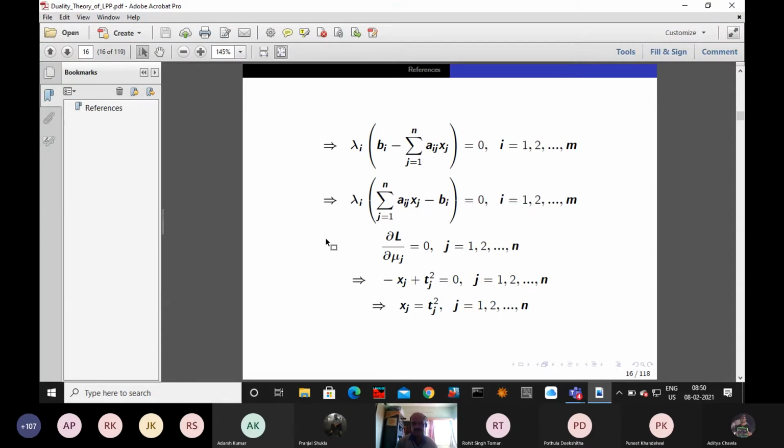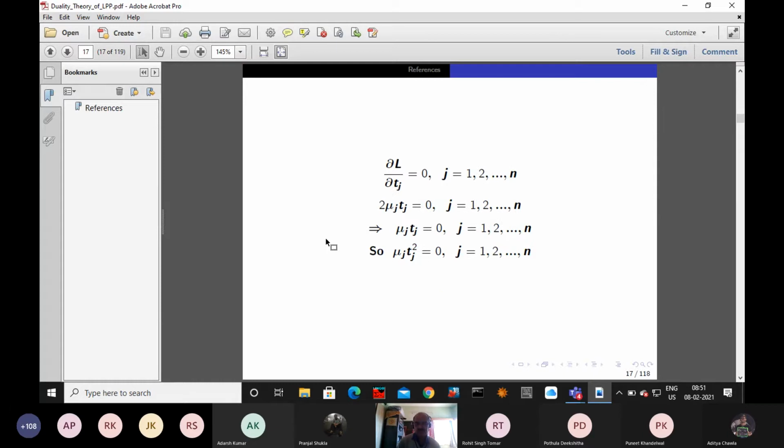Similarly, we can also write the partial derivative with respect to mu j, which is also equal to 0, and here you will have similar equations. But the problem is not yet solved. So how to solve the problem?